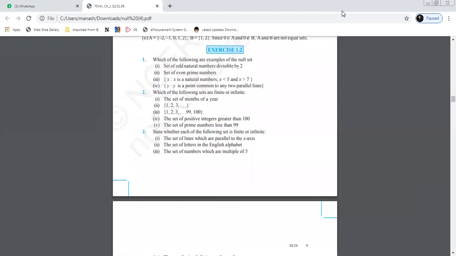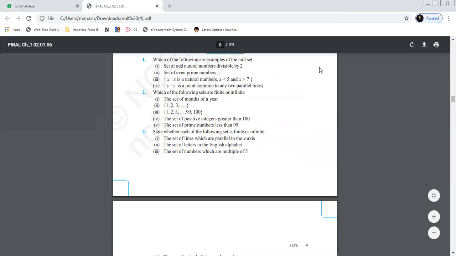Now come to this exercise. What is given: which of the following are examples of a null set? All of you know what a null set is. If a set contains no elements, then this set is called a null set. Clear? The first one is: set of odd natural numbers divisible by 2.